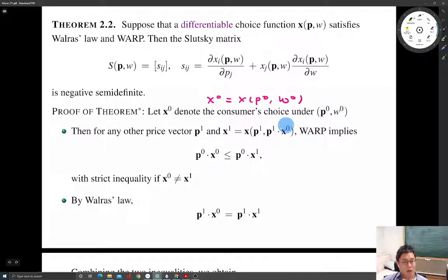And then we need another budget set, another price vector P1 that is different from P0, but where income is adjusted just enough that the consumer can afford the previous bundle. So this is W1, but we adjust the income to the extent that the consumer can afford the previous bundle. With this W1 and under the new price vector P1, X0 is affordable.